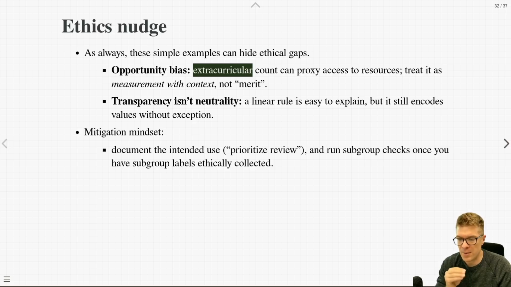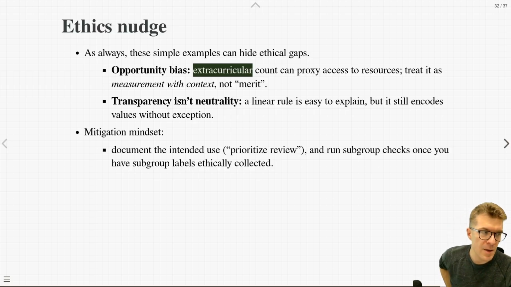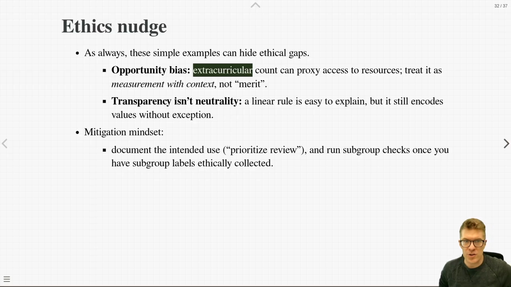Therefore, students coming from those wealthy high schools would naturally have higher extracurricular counts than those coming from less well-resourced high schools. So suddenly you're giving an advantage to a student just because they come from a highly resourced high school. Maybe it's also the case that some schools are just more strict than others.